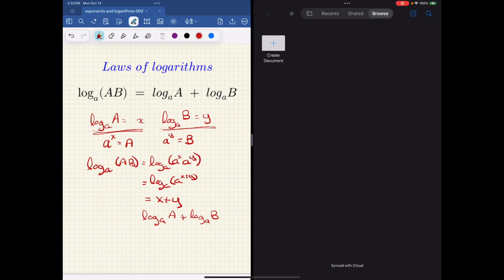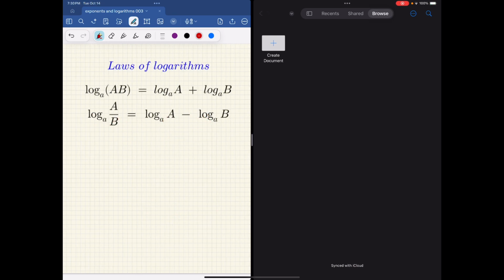So now we have proven that log base a of AB equals log base a of A plus log base a of B, which is the first of the rules of logarithms that we're investigating. Now we're going to move on to the second law of logarithms.